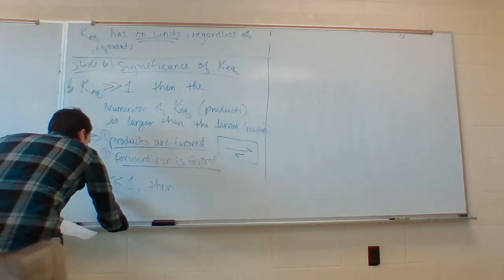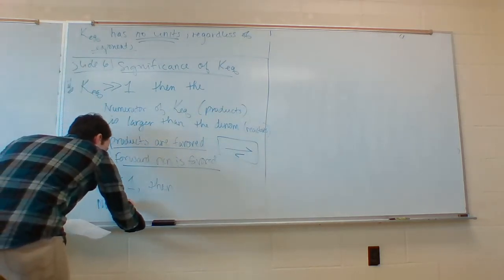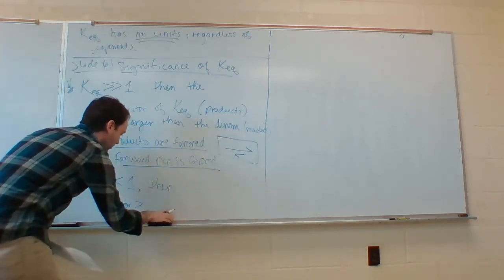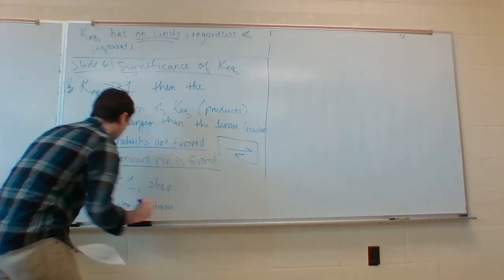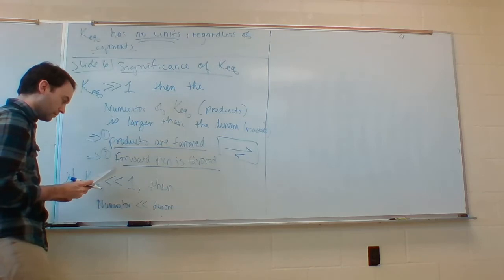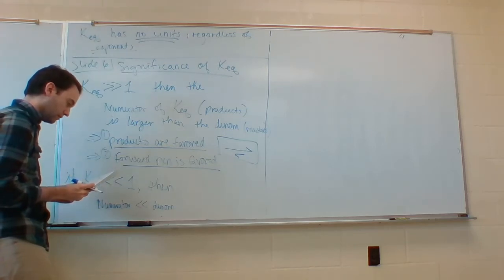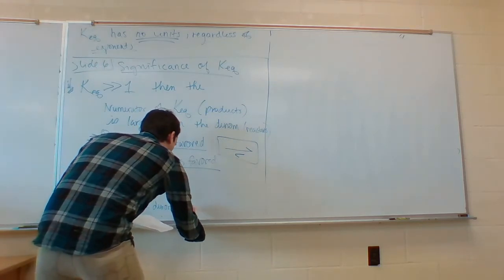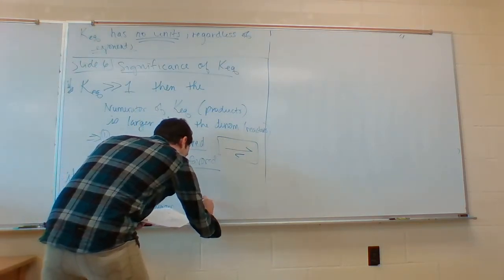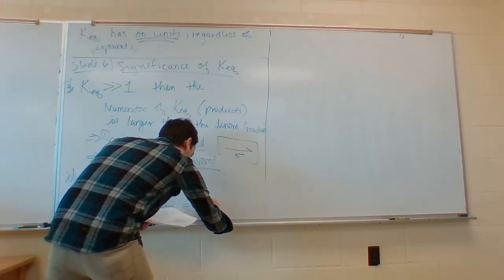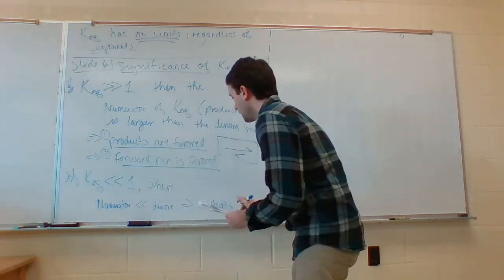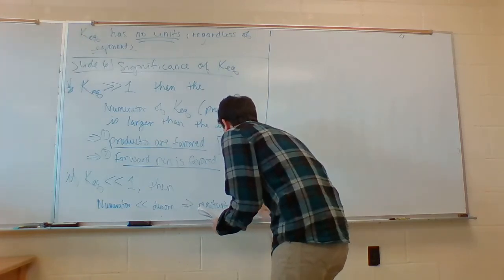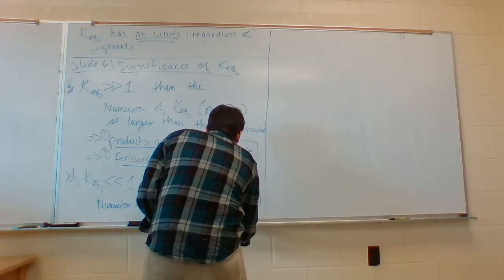So then we know that the numerator is much, much smaller than the denominator, which means that the products are going to be much, much smaller than the reactants.